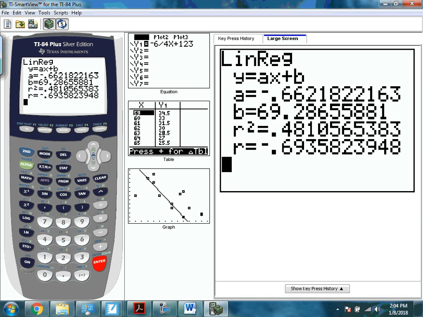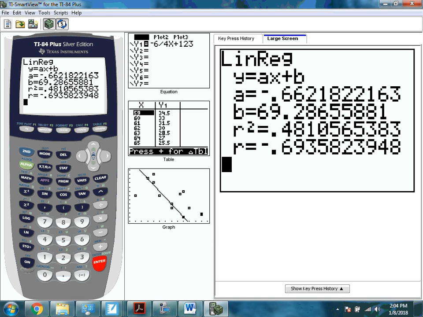Mine says, whoa. Now, if we had the same things entered, most of you will have what I have, except you might not have the R values. Yeah, I had the A. Okay.